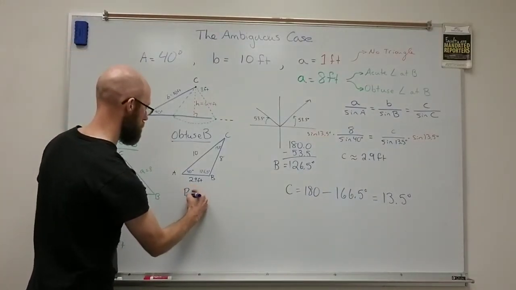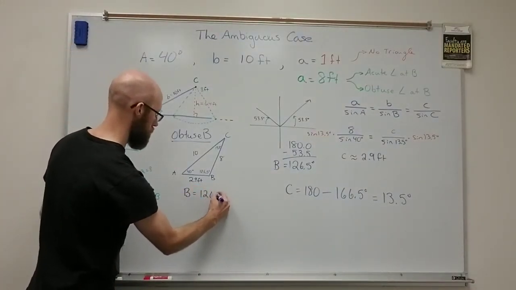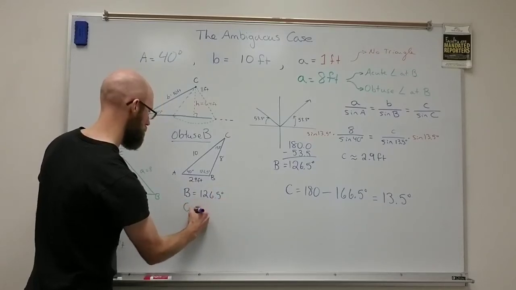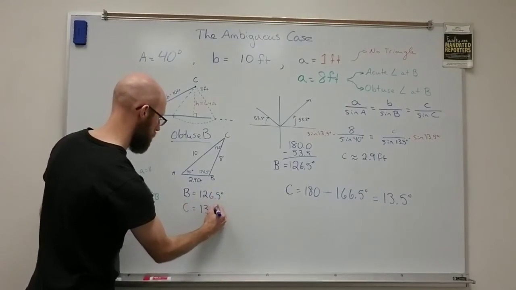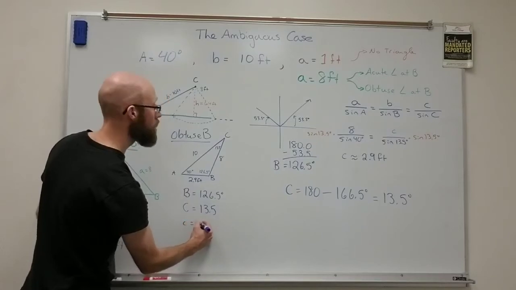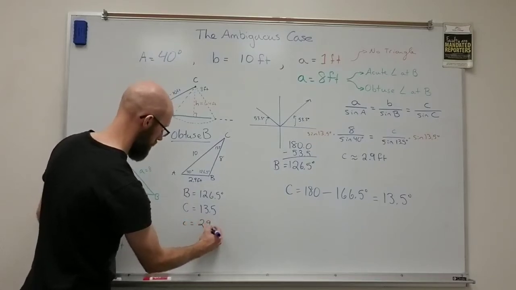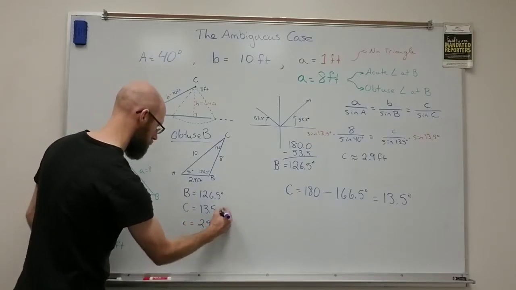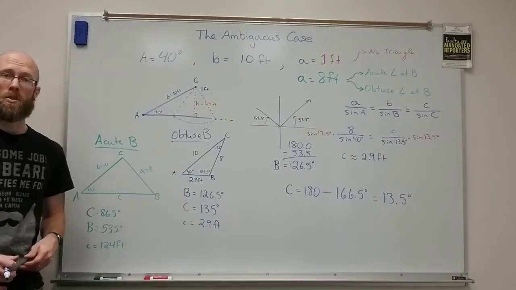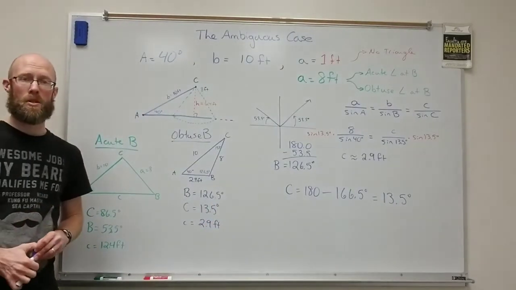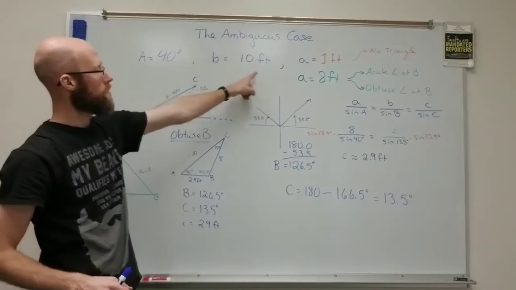So both options: 126.5 degrees, C is 13.5, and little c, we'll call it 2.9 feet. Okay? So again, two different options for the same given information.